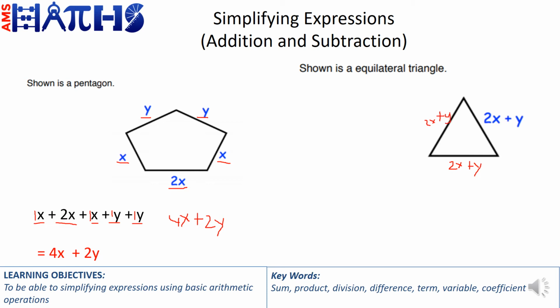And all we need to do, if we're looking at finding the perimeter, which is what we're going to undertake now, we just need to add all three sides. So I've written them here, all three sides written out in three different colors. All we need to do is combine the like terms. So we have 2x plus 2x to get 4x, plus 2x to get 6x.